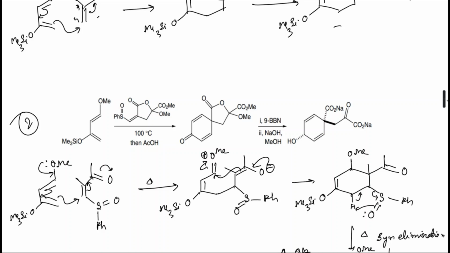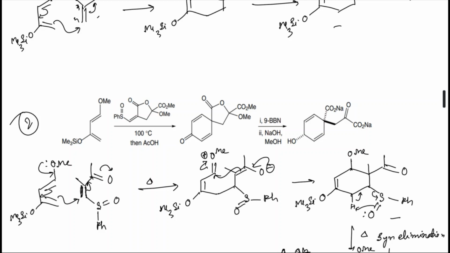Now as two electron withdrawing groups are attached to this dienophile, this is a very activated dienophile, and now this type of 1,4 addition will take place like Michael addition, and then finally a cyclic product will be formed.